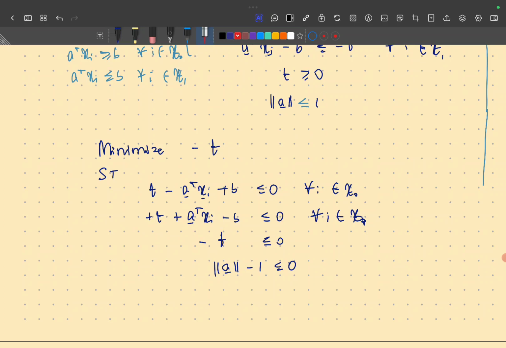So all of this will work only if they're linearly separable. I can use the whole method of duality only if they're linearly separable. If not, then I can't. So for now, let's assume that they're linearly separable, and then once we see what the solution looks like, let's go ahead and see what happens if they are not linearly separable.